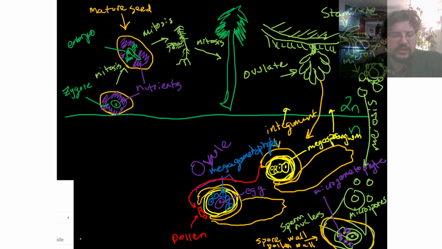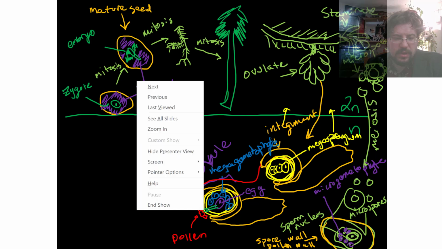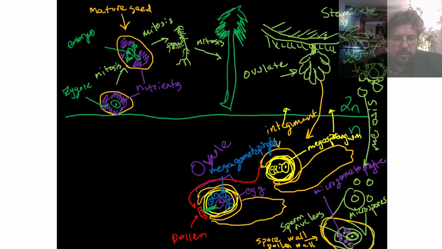And it produces a specialized structure to reach that egg. And it's this little thing here. And that little thing is called the pollen tube.